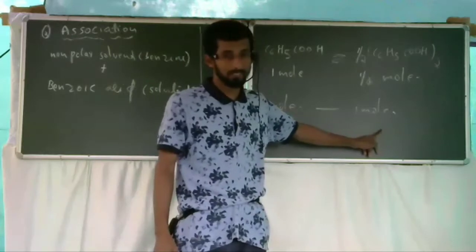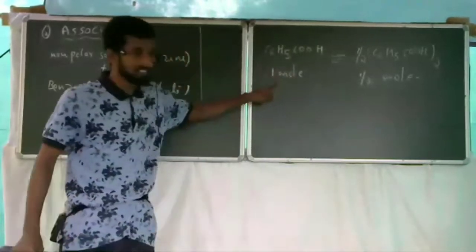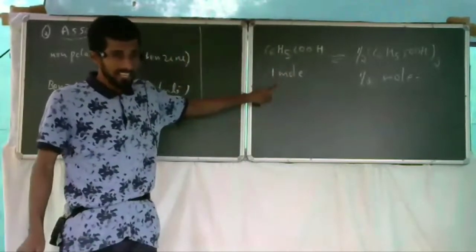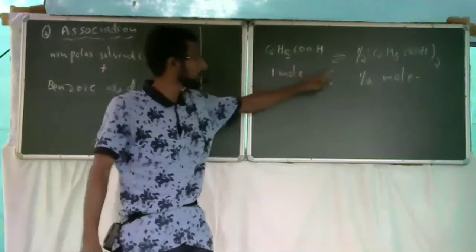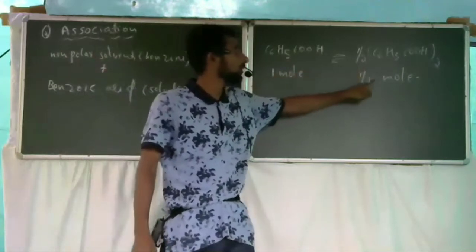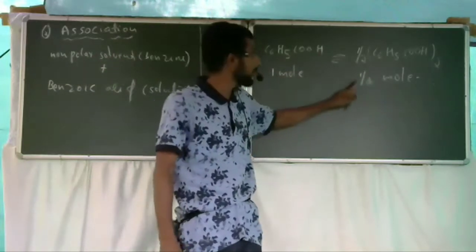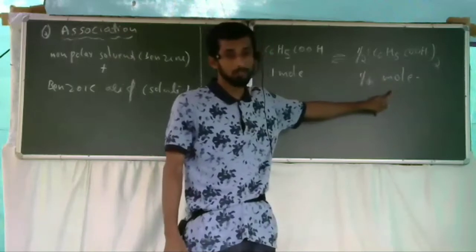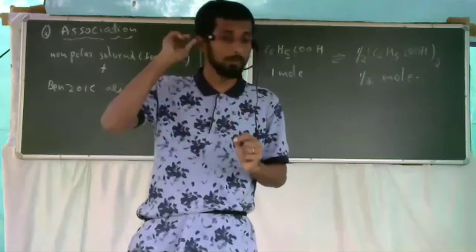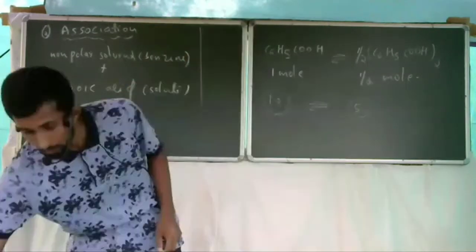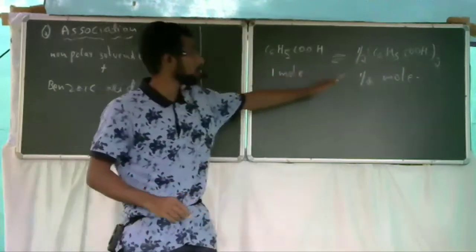So simply we are writing for each 1 mole of benzoic acid, theoretically we have 1 mole, but experimentally it is found that we have only half moles of benzoic acid. Due to dimerization, that is nothing but association of the benzoic acid molecules, for each 1 mole of benzoic acid, we are getting only half moles.